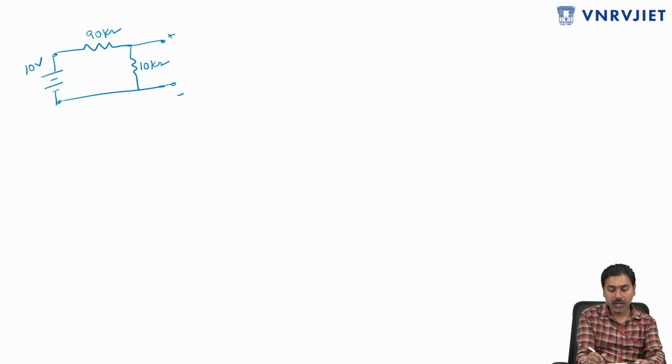If you don't connect any voltmeter across this 10 kilo ohm resistor, we first get the actual or true value theoretically, just for comparison and to understand the measuring error effect. Here the voltage across 10k is, say, V10.